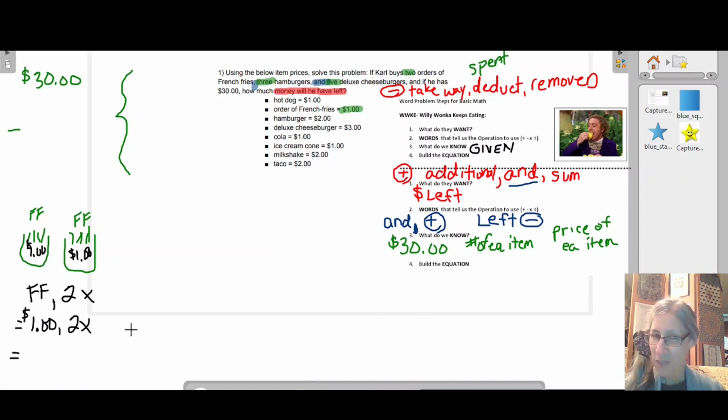It just looks funny. It looks like this is a 2x when you get into algebra. So in our minds, we say to ourselves, well, it's $1 2 times. That makes sense to us, but we write it $1 2 times, like that. And so $1 2 times is, right, $2.